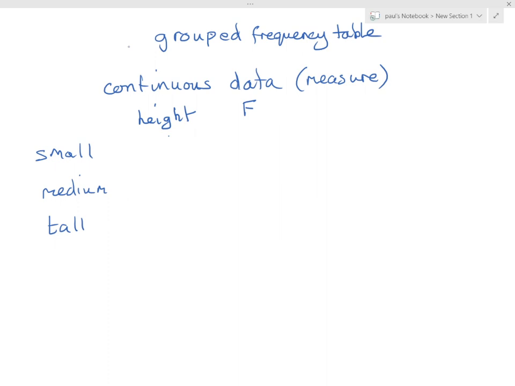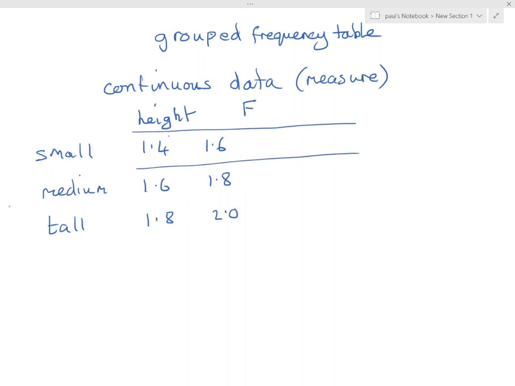So I don't know heights. We can go everybody between 1.4 and 1.6, everybody between 1.6 and 1.8, and everybody between 1.8 and 2. And so we end up with this. Like there.